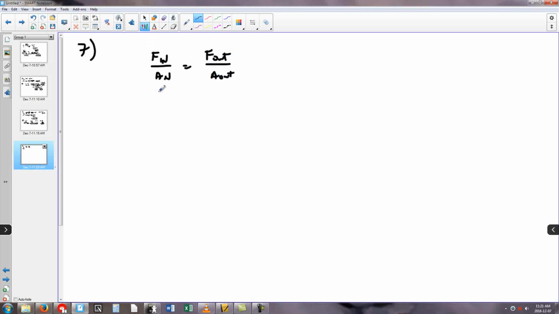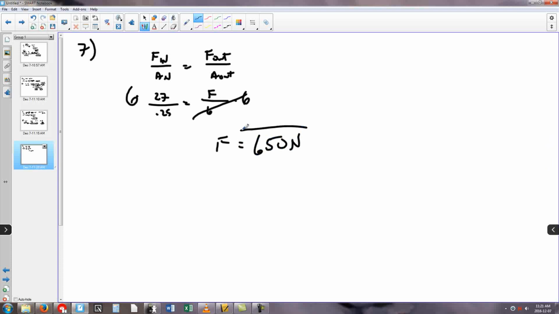Well, the F in was only 27 newtons. We're applying 27 newtons to an area that's just 0.25. We want to know how much can we lift, what force can we lift, or what weight can we lift if the output area is 6. All I have to do is times by 6. This is a really easy question. F turns out to be roughly, after we round, 650 newtons.